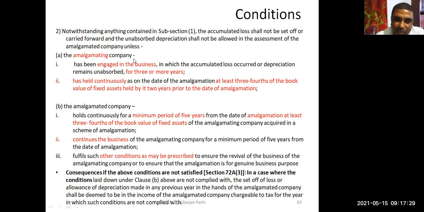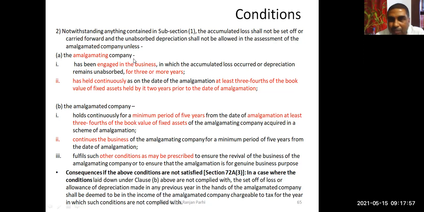No, it must hold the assets for at least 5 years. 3/4 of the assets must be held. And it must continue the business of the amalgamating company for a minimum period of 5 years. The business also should have been continued for 5 years. And certain other conditions may be prescribed, so those conditions also need to be complied with.